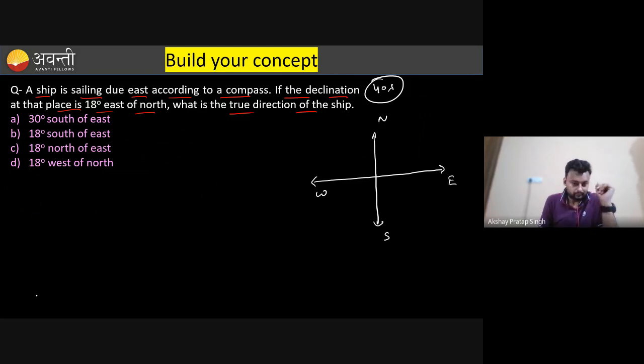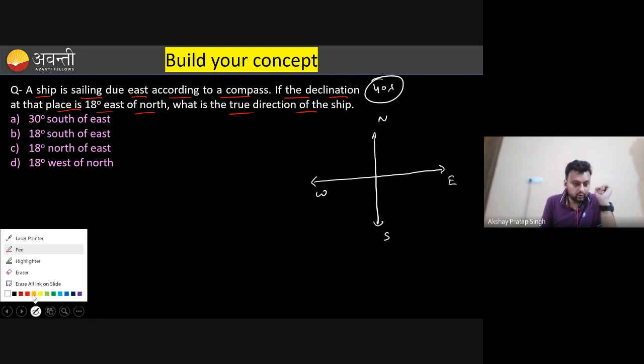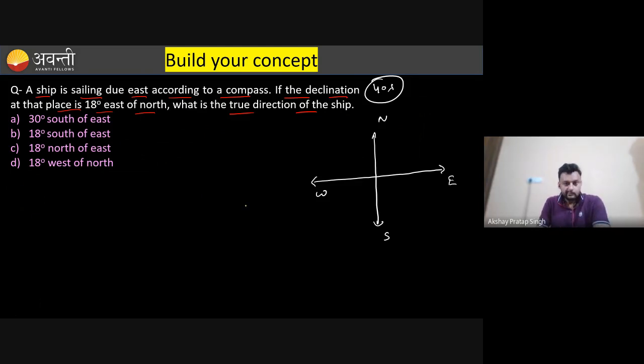Quite clear. Now the question says that the angle of declination at that place is 18-degree east of north. What is the meaning of this declination term? It tells us that according to the compass, the north direction is 18-degree east of north.